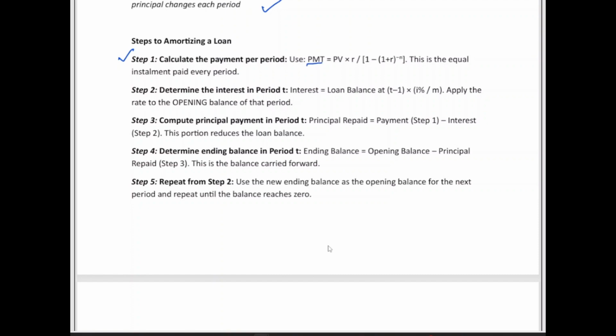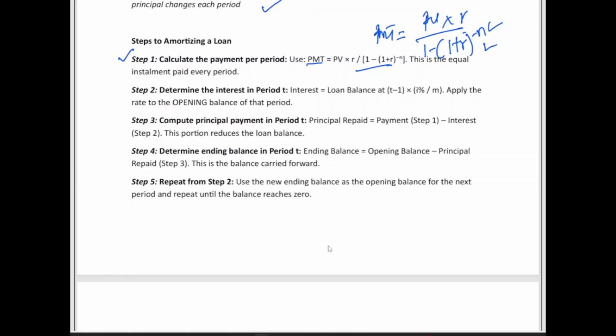Your periodic payment is equal to your present value times the interest all over 1 minus (1 plus r) to the power minus n. So this is the formula. This formula is the same as the earlier formula, right? So in getting your periodic payment, you use this formula.